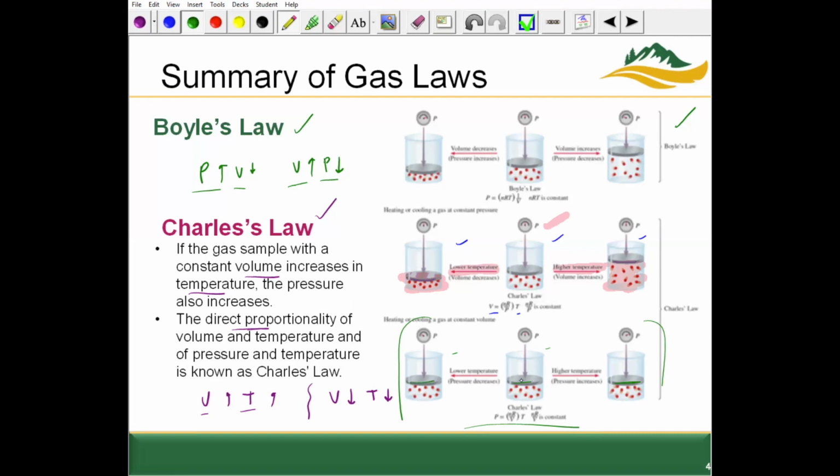So this stopper is remaining in the same position. Then we do have a connection between pressure and temperature now. As volume is constant, we lower the temperature, the pressure decreases. We raise the temperature, the pressure increases.